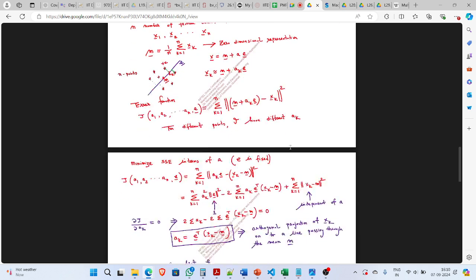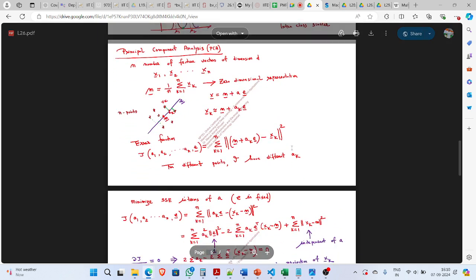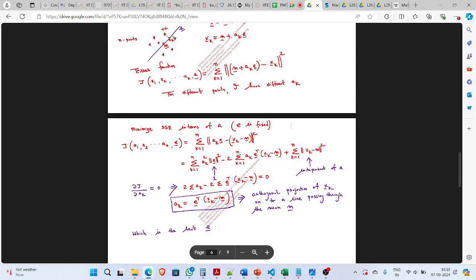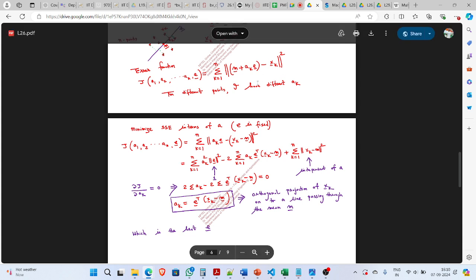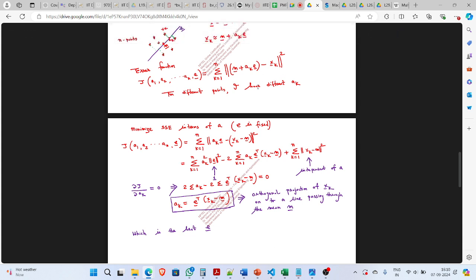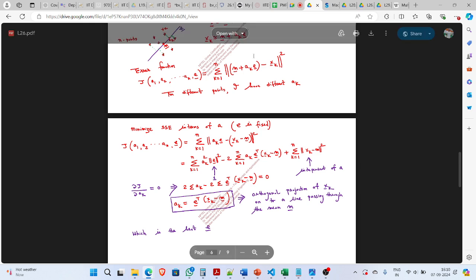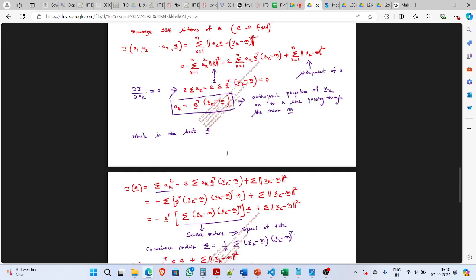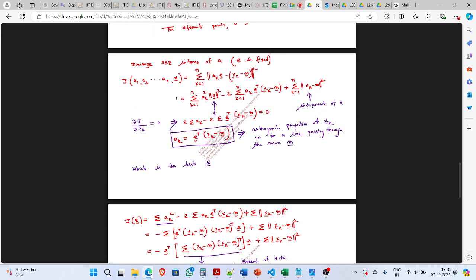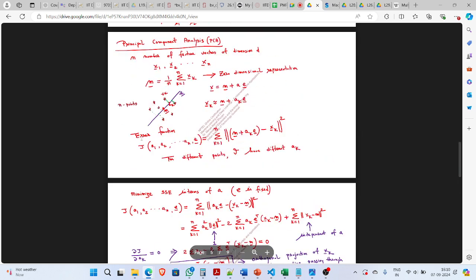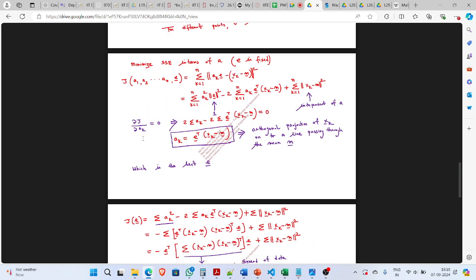And as you can see, this is the loss function. As they have opened this error, the square, the L2 norm square, we have opened this L2 norm square like this, and so this is our loss function. Taking the derivative with respect to this a vector, what we get is a as this.